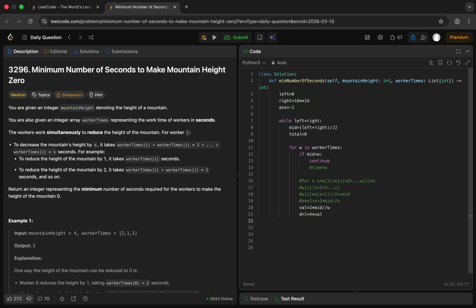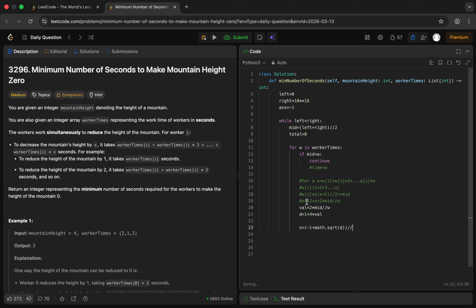Now we can simply find the square root. The units they will reduce, x, is equal to minus b, and b here is 1, so minus 1 plus root over b square minus 4ac. That is this d, so you can take the square root of this, math dot sqrt of d, and simply divide it by 2a.